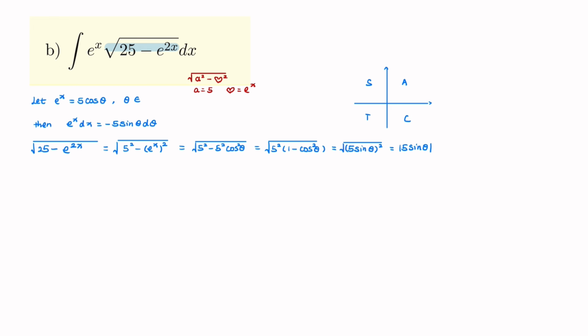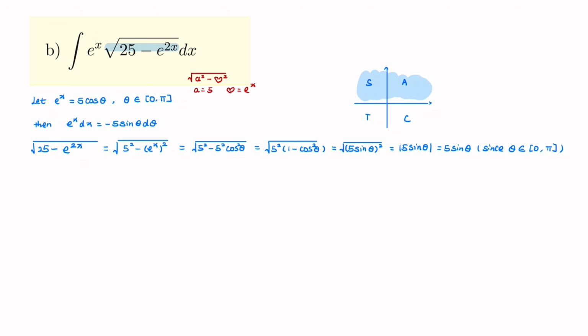For sine theta to be positive, I know that it's here, so that's 0 to pi. Okay, so I can get rid of the absolute value. So that's gonna be just 5 sine theta, because my theta is in 0 to pi. And in this region, my sine theta is positive, or non-negative.